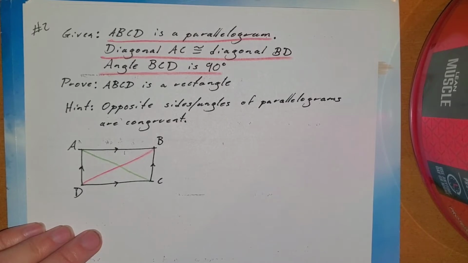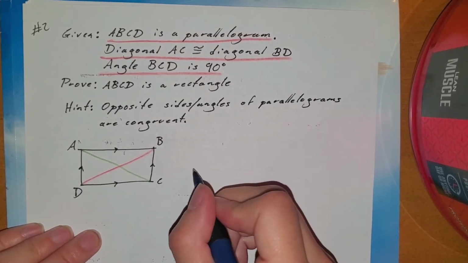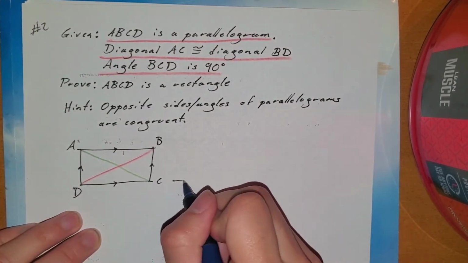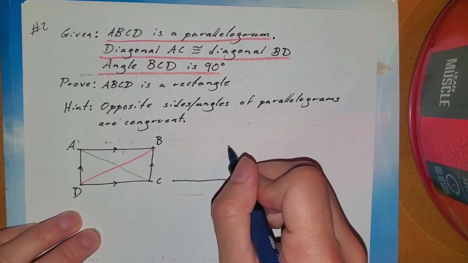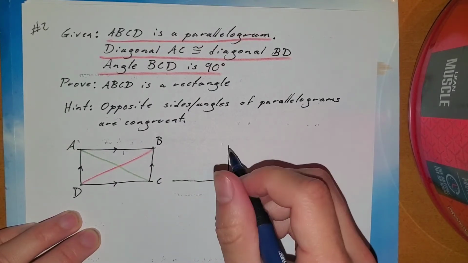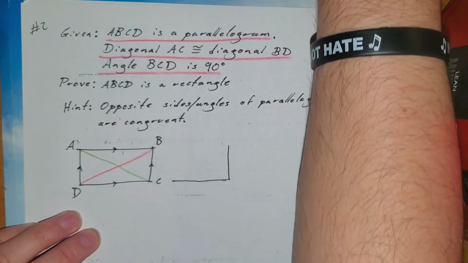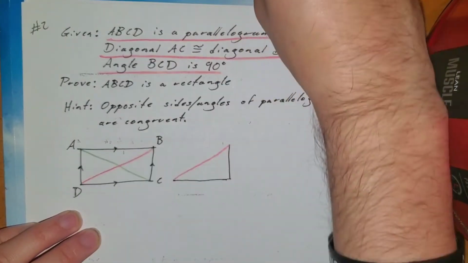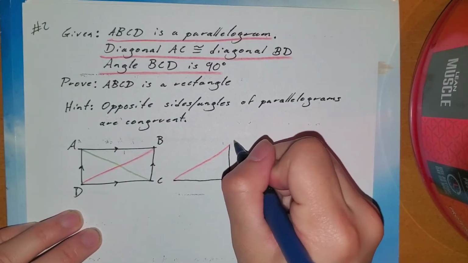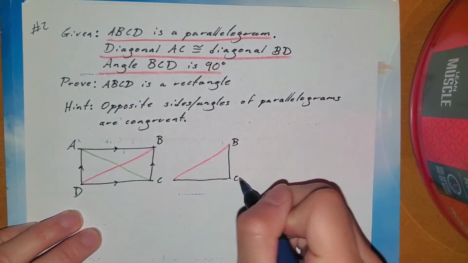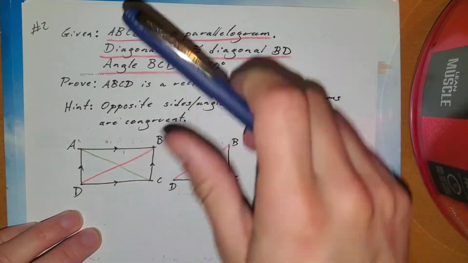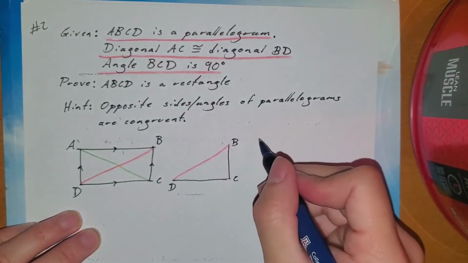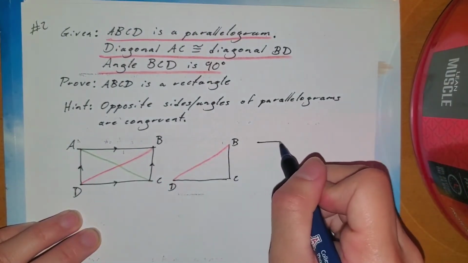So I'm going to decompose this parallelogram into two triangles. The first one will be the triangle made with the red diagonal. Alright, so I know this is B, and this is C, and this has to be D. And the other one is going to be the other triangle made with the green diagonal.